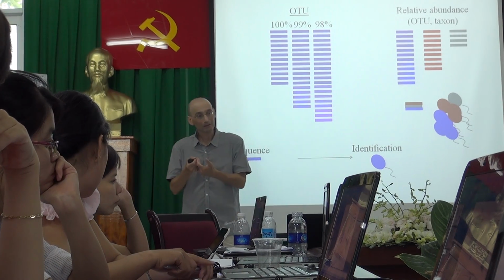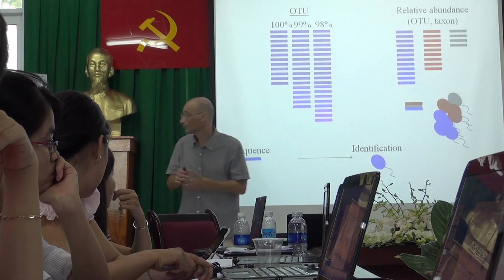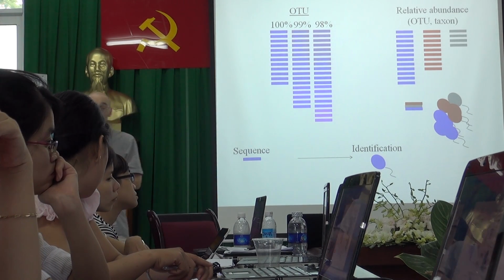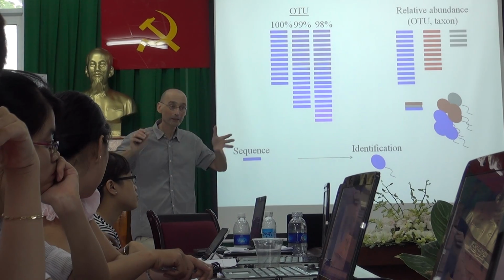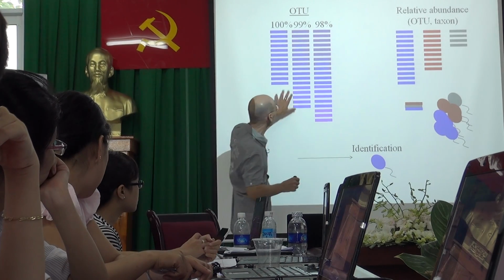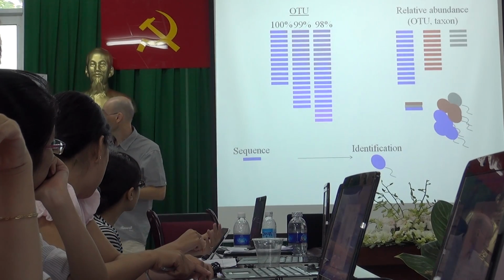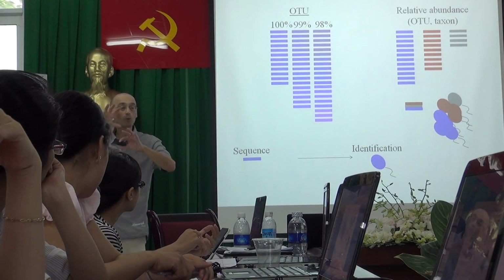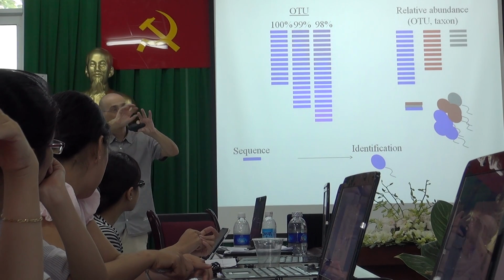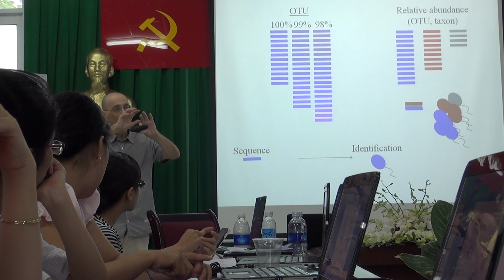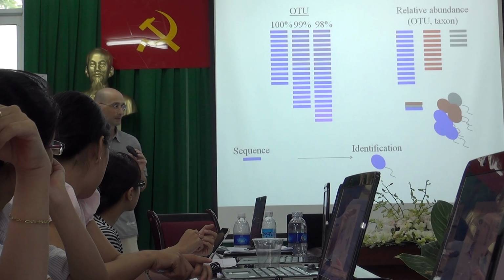Like the naming. If you're interested in the name, then you need to do the phylogeny. So the sequence, you can use it both ways. You can use it to define OTUs, or you can also use it to look in databases to see which organism is most closely related and what its name is.